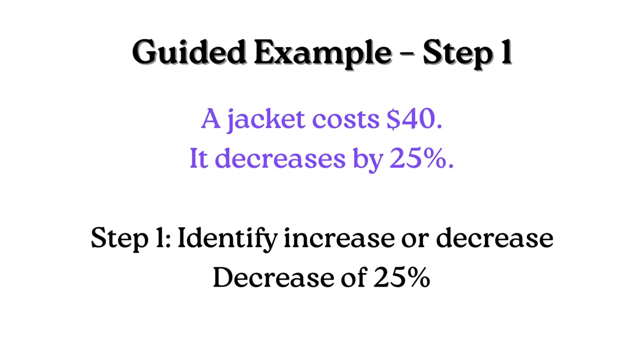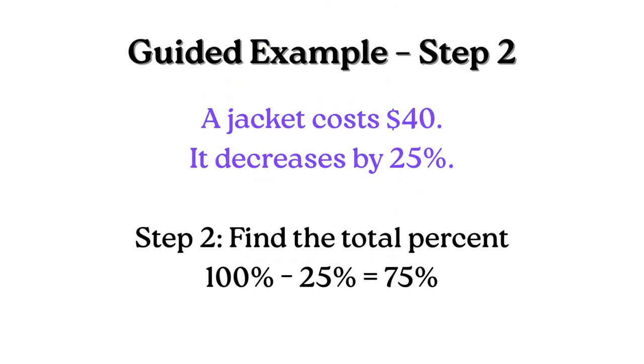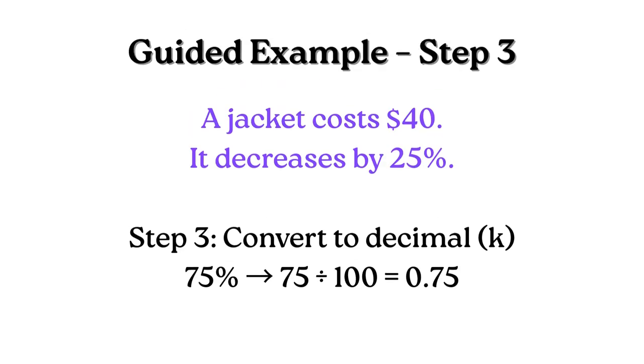Let's work through a full example. A jacket costs $40 and decreases by 25%. First, we need to identify if it's a percent increase or percent decrease. In this case, there's a decrease of 25%. Next, we find the new total percent. Since we're decreasing by 25%, we do 100 minus 25, and the percent we're looking for is 75%.